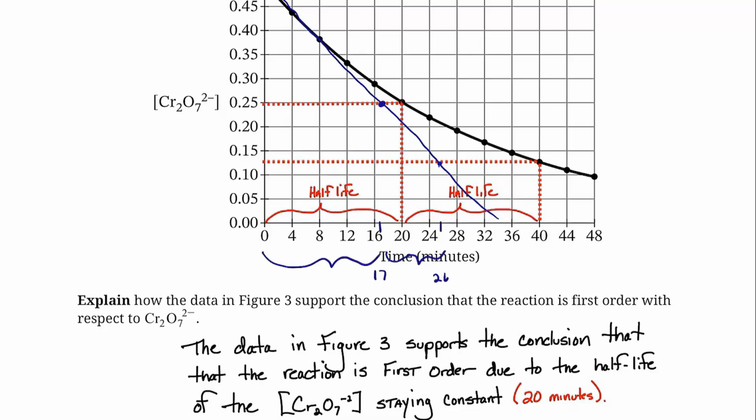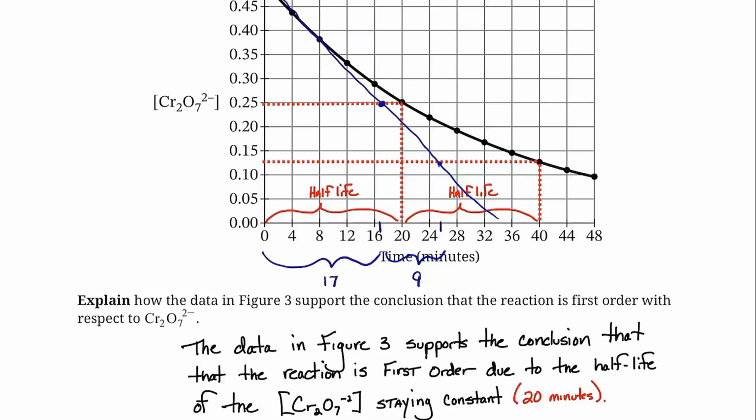So that would mean we would have a half-life originally of 17, and then as we go from 17 to 26, the next half-life would be 9. So it's getting shorter. Okay, so zero order half-lives get shorter.